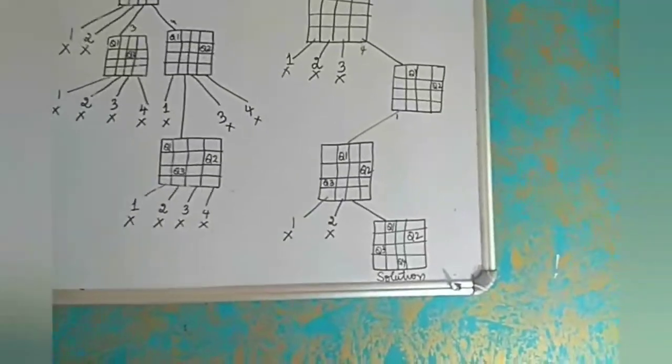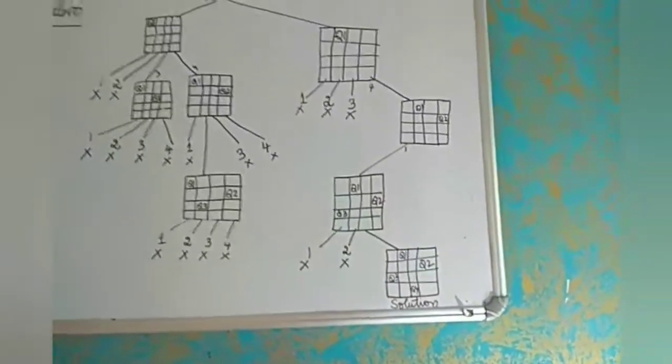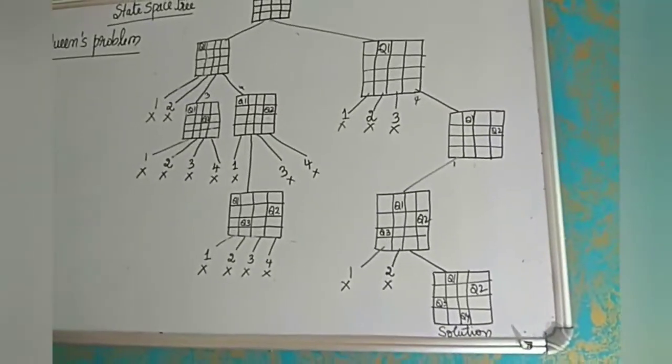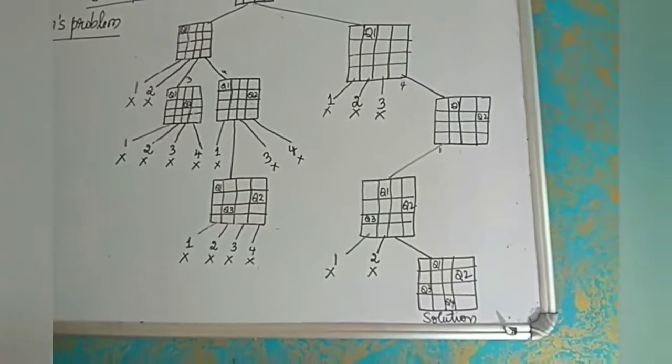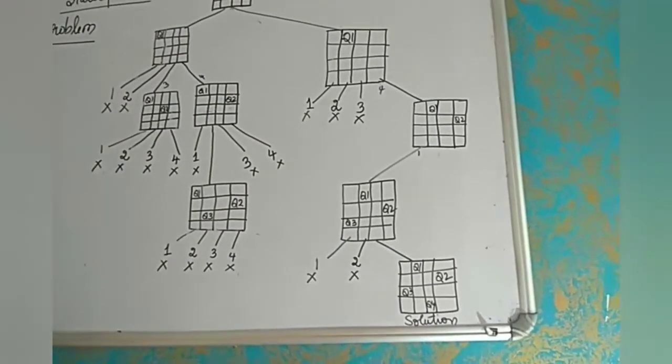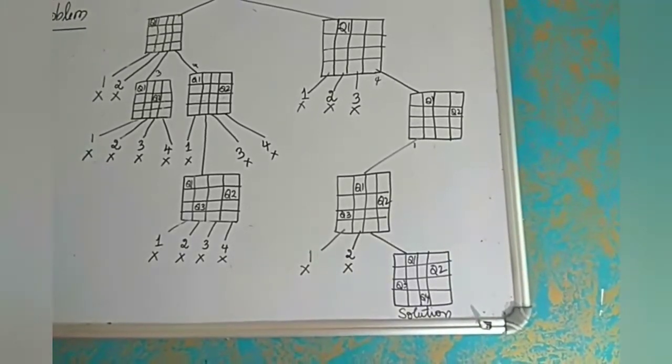Now let us continue the solution. Now we'll expand this tree again. We'll find the position of Q3. So to find the position of Q3, again you have to check whether you can place Q3 in the first column. Can you place it in the first column? If you place it in the first column, will there be any problem?